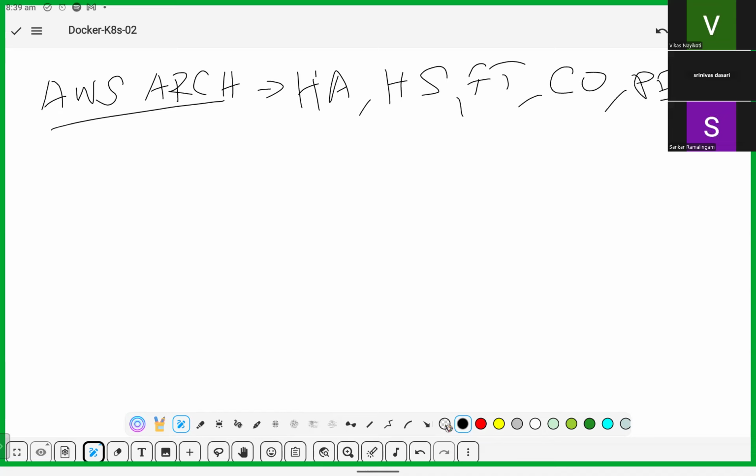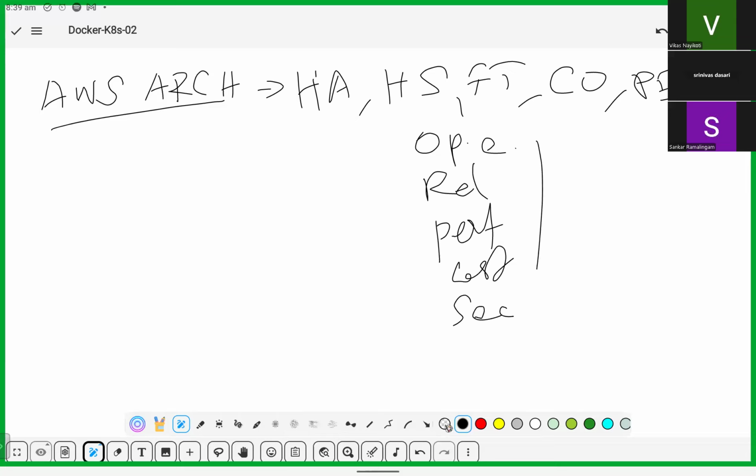All of these connect to different pillars of the Well-Architected Framework that you could have already seen, something like operational excellence, reliability, performance, cost, or a few other things, security. A few other things will be connected to these AWS architecture pillars.